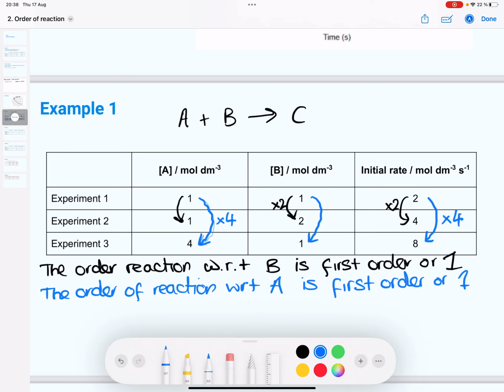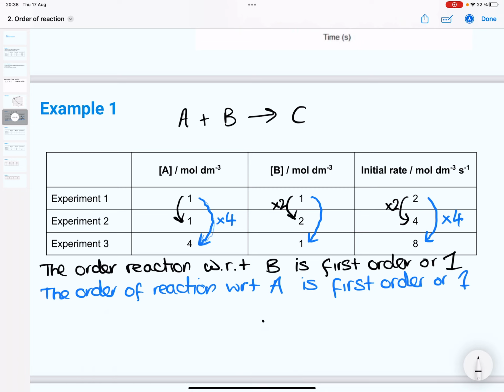So we can actually write this as something called a rate expression. I will be writing rate is equal to K. This is called the rate constant. We'll talk about that in later lessons.